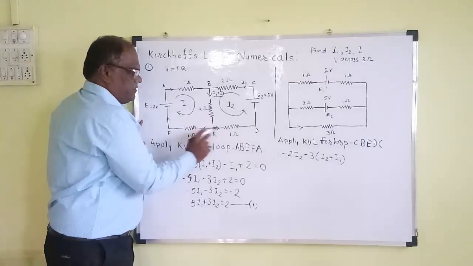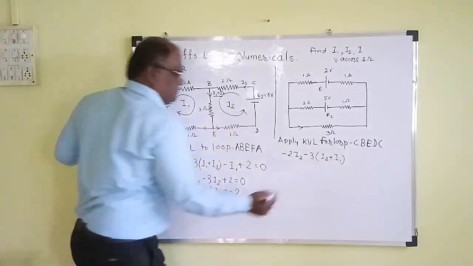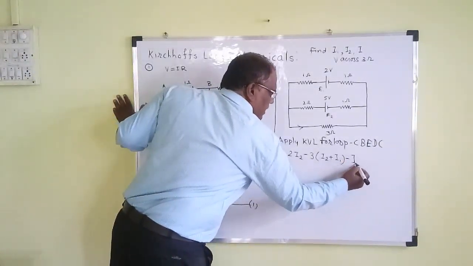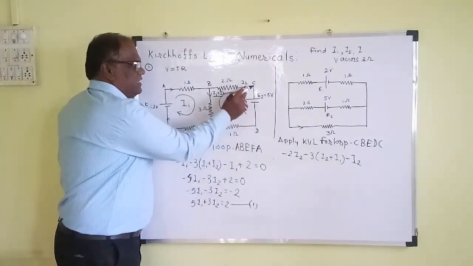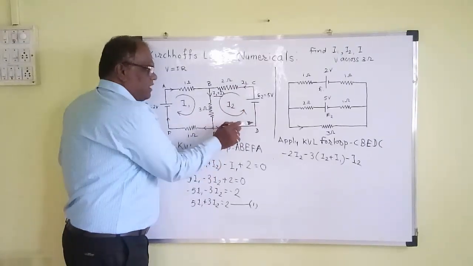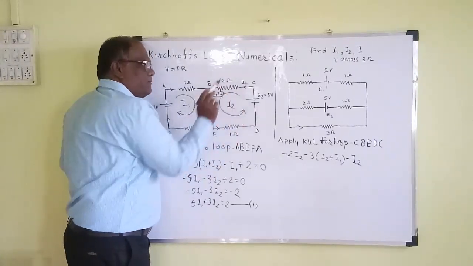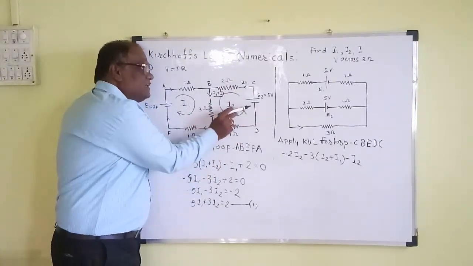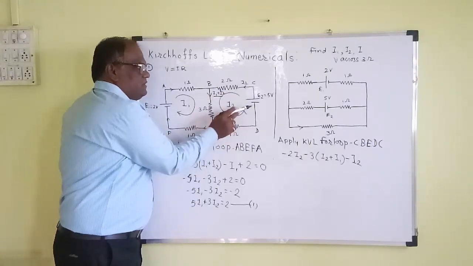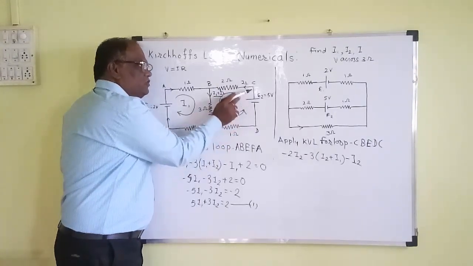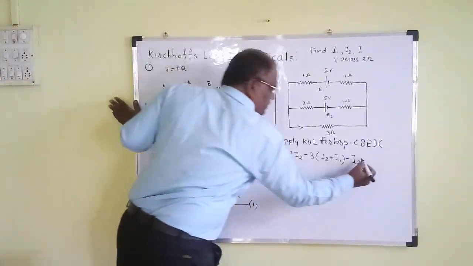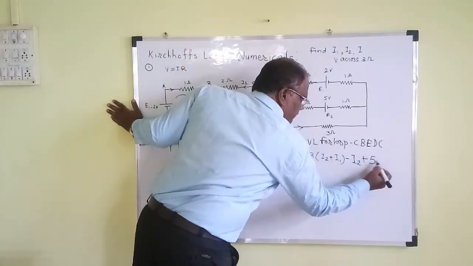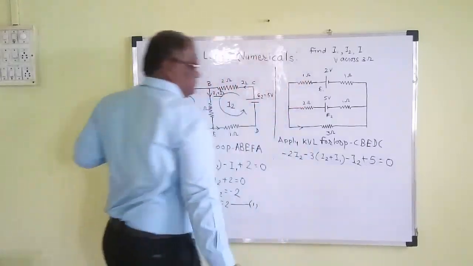Here from E to D, minus 1 I2. From D to C, again we are moving from negative terminal to the positive terminal. That means here it is a positive change, negative potential to positive potential. Hence EMF should be written positive. Hence plus 5 is equal to 0.